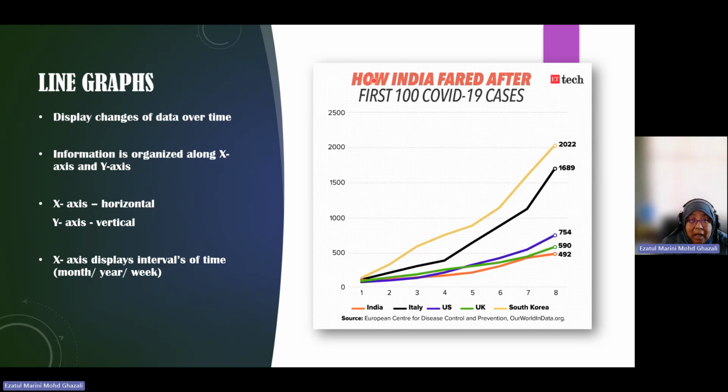The title is How India Fared After First 100 COVID-19 Cases. Fared, okay, after first 100 COVID-19 cases. So basically, we know that the graph shows the comparison between India and other countries on the COVID-19 cases.